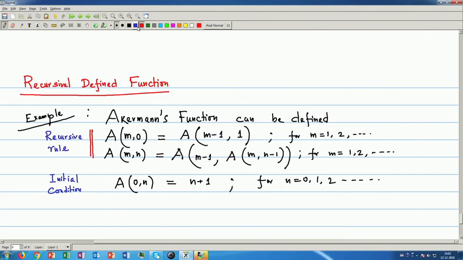So together this initial condition and the recursive rule define the Ackermann's function. It is of theoretical importance because of the rapid growth of the functional values of this Ackermann function, and it appears in many algorithms when we compute the time complexity.